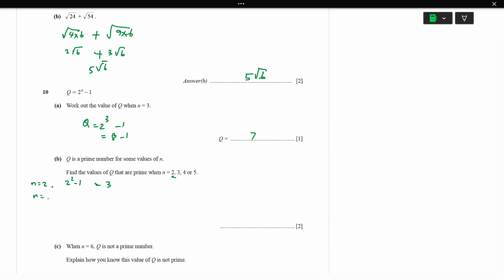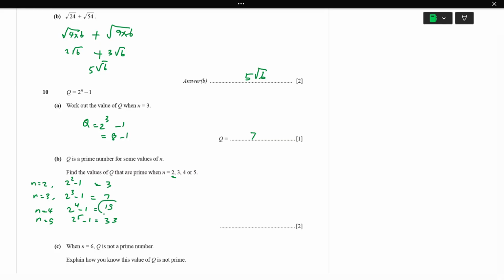Next, n equal to 3, so 2 cube minus 1, which is 8 minus 1, which is 7. Next, n equal to 4, which is 2 power 4, 2, 2, 4, 16. 16 minus 1 is going to be 15. Next, n equal to 5. 2 power 5 minus 1, which is 32 minus 1, 33.